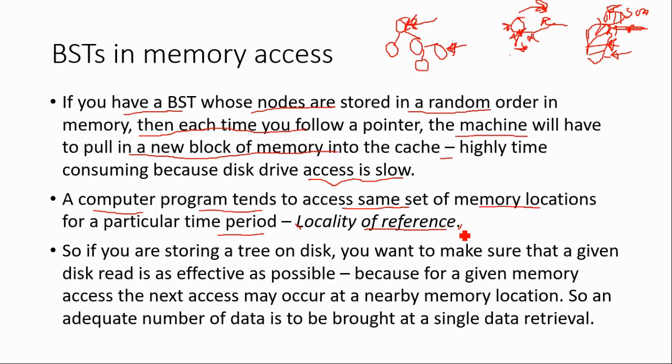For example, if the processor has accessed some data from memory address 1, then there are high chances that the next access to secondary memory will search for data in memory address 2.